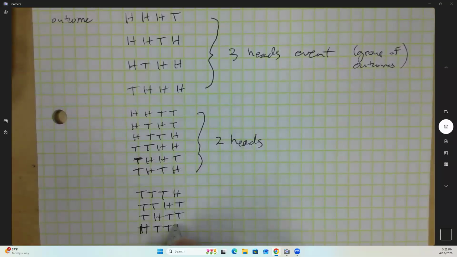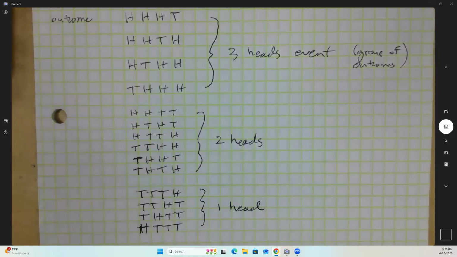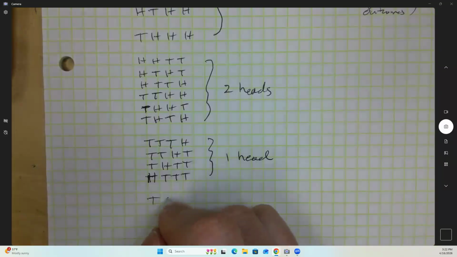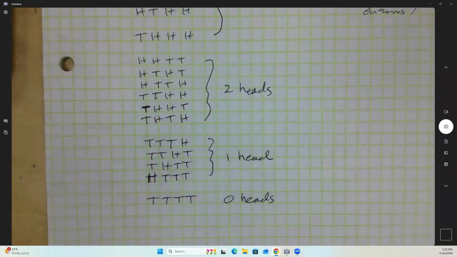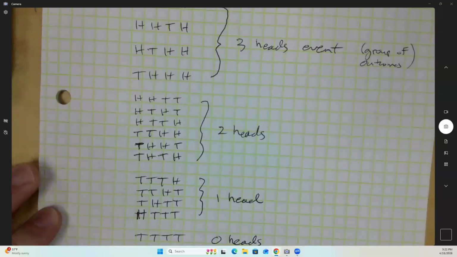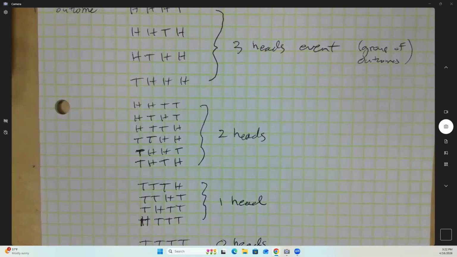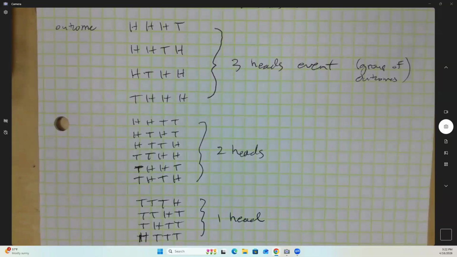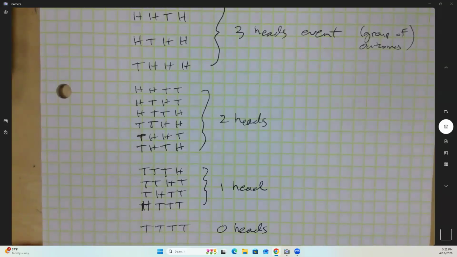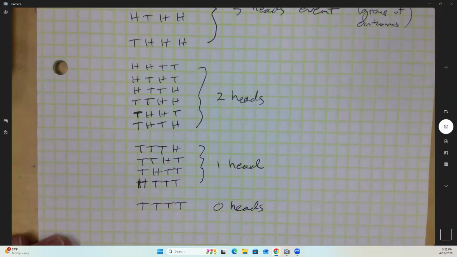Heads, tails, tails, tails. Or I could have gotten no heads. And that's my full probability space. Those are all the different possible outcomes grouped into 5 different events: 4 heads, 3 heads, 2 heads, 1 head, or 0 heads.